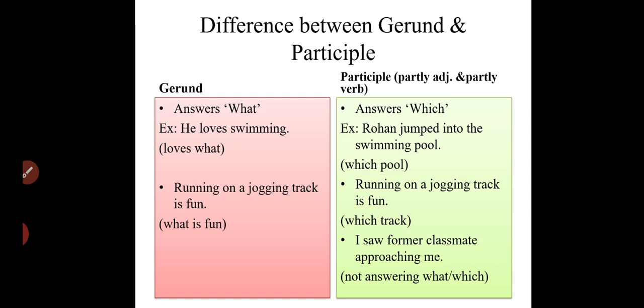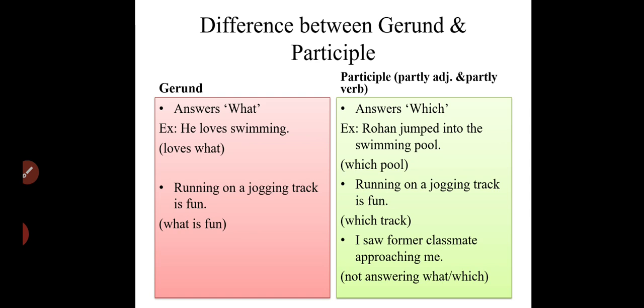Gerund is verb's first form plus ing, and similarly the present participle is verb's first form plus ing. How will we differentiate where the gerund, the noun, has been used or where the present participle has been used? So we'll see in this video the difference between the gerund and the participle.